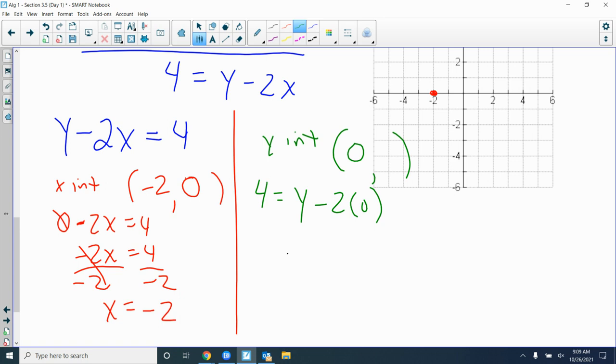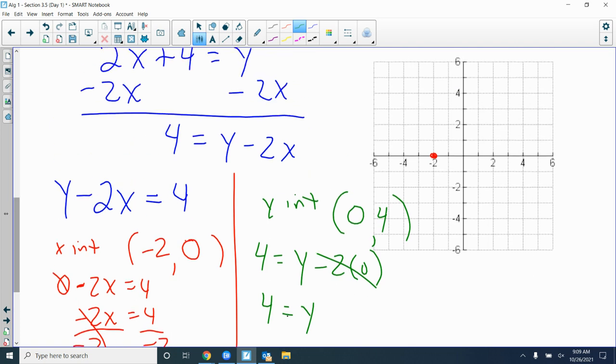What happens here? That x is out. So you're just left with what? 4 equals y. So there's my y-intercept: 0, 4. Okay. Take your line through there. And there it is.